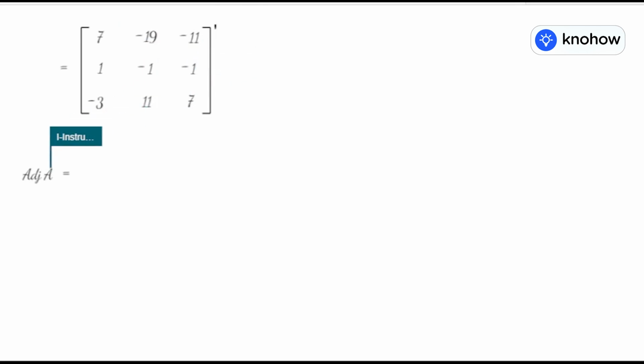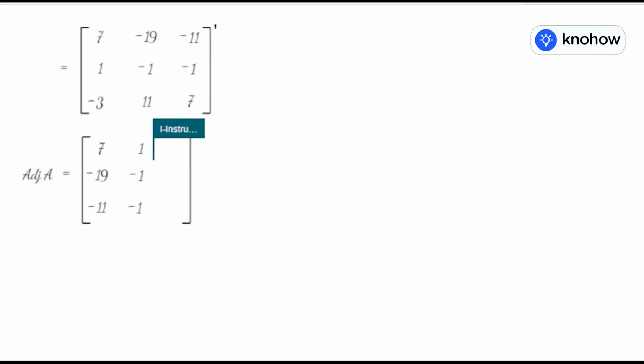So elements of the first row, that is 7, minus 19, minus 11, we write in the first column. That of the second row, 1, minus 1, minus 1, in the second column, and third row minus 3, 11 and 7 in the third column. And we have already worked out the value of determinant A equal to 4.